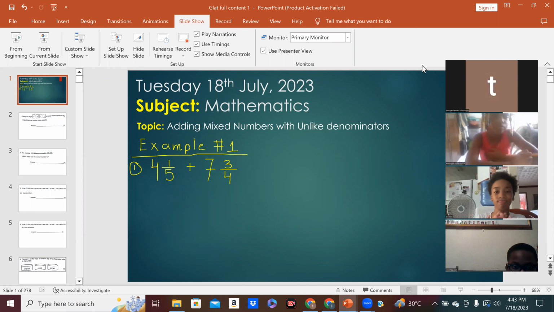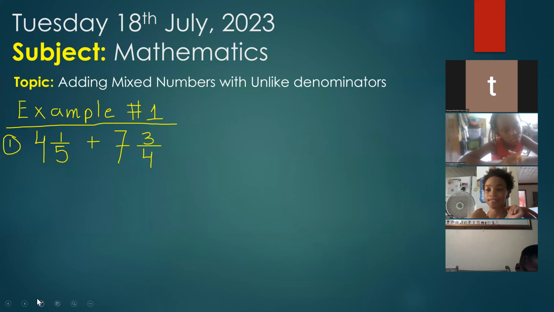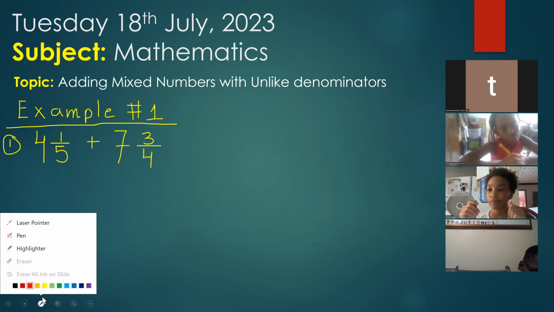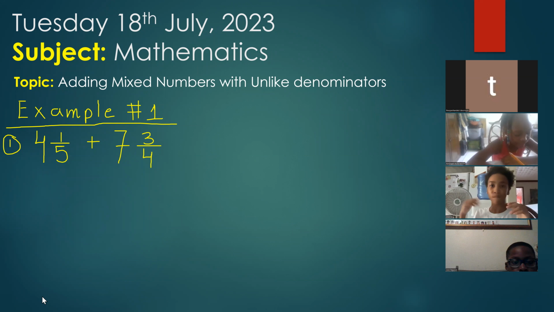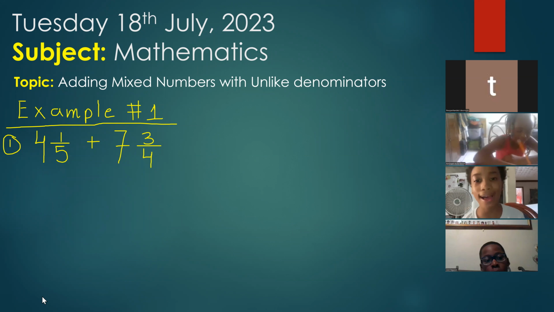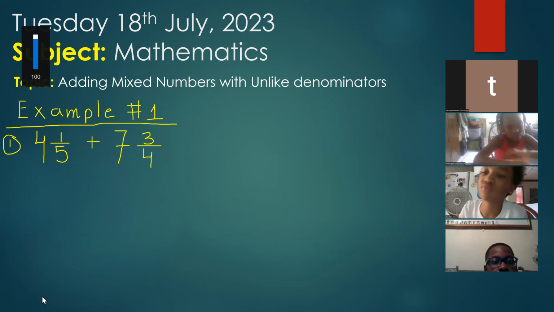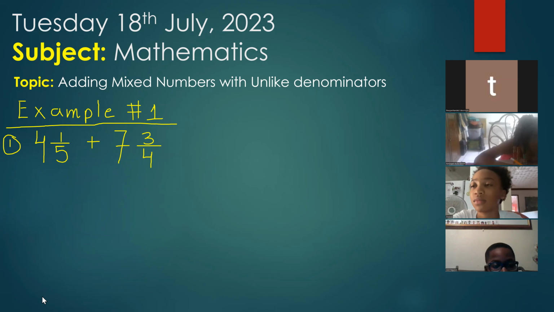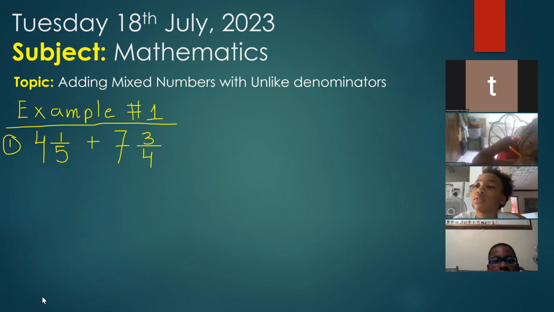All right, so how are we gonna do this? We have 4 and 1 over 5 and 7 and 3 over 4. So what's the first thing that we must do, Javon? The first thing that we must do is we're trying to get the whole number.